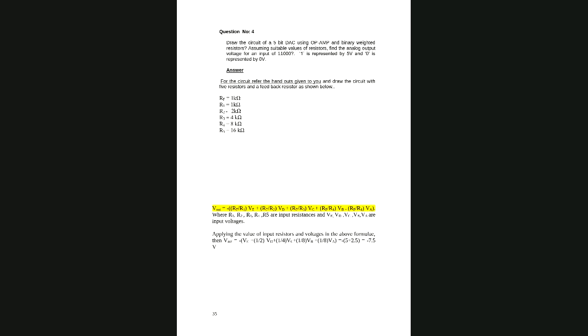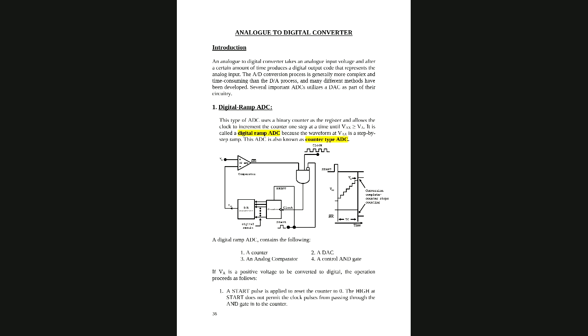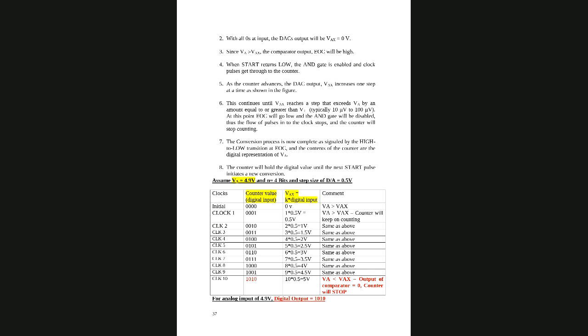As I explained, I explained the full operation, guys, how it works, and then we discussed one example. And the final output is 1010, because at that time it will stop.